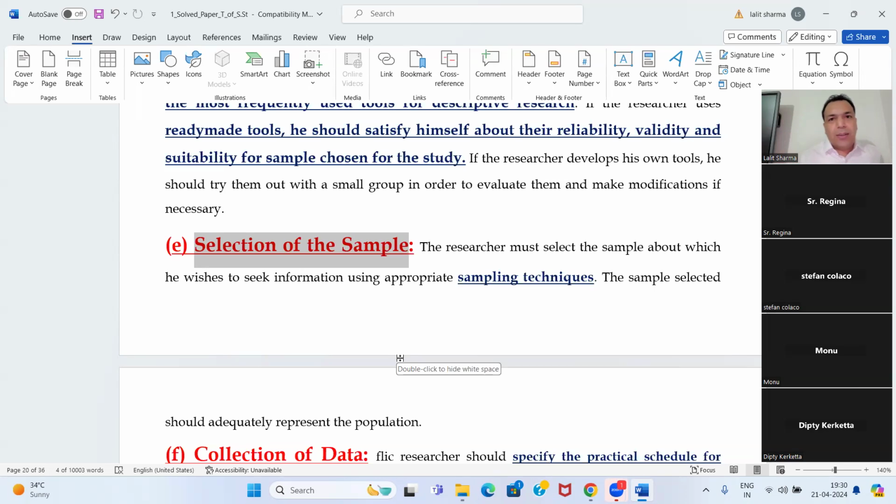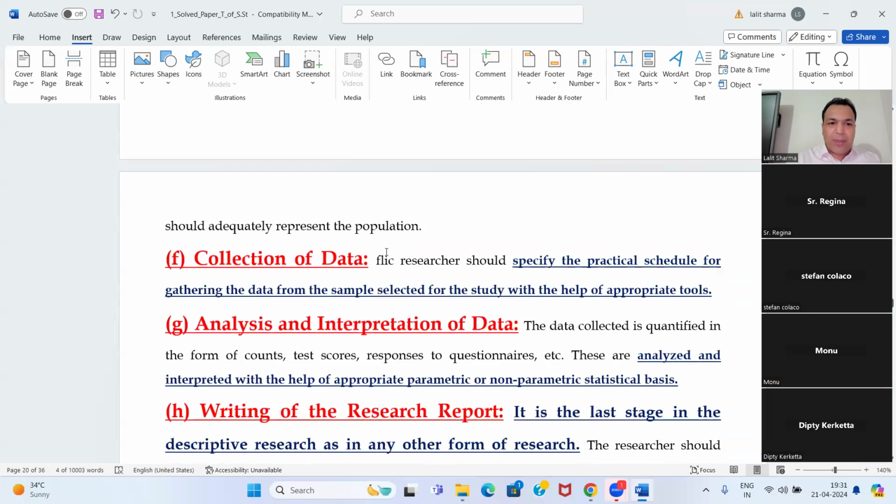The election for prime minister is going on. On the 4th of June, we will come to know who our next prime minister will be, either the same government will continue or another government. The first phase has completed. Now, how did they come to know that in many constituencies they didn't get the data from individuals? They selected a sample and came to know that the voting was less. So the fifth step is the selection of sample.